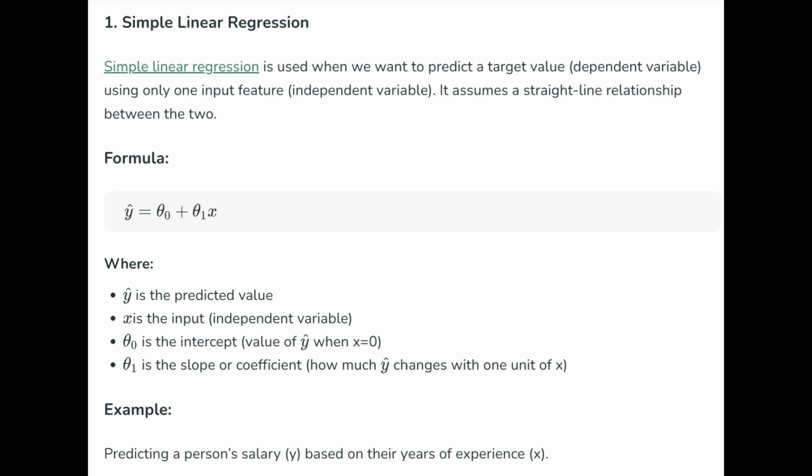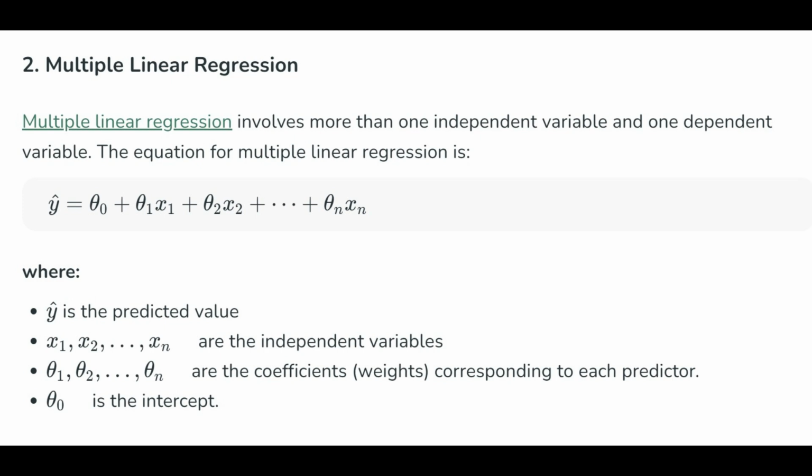The second type is called multiple linear regression, that is y dash is equal to theta 0 plus theta 1 of x1 plus theta 2 of x2 and so on till theta n of xn. What this says is there are multiple independent variables, not just one. That's the approach in the multiple linear regression model. So let's look into this more in the next session.